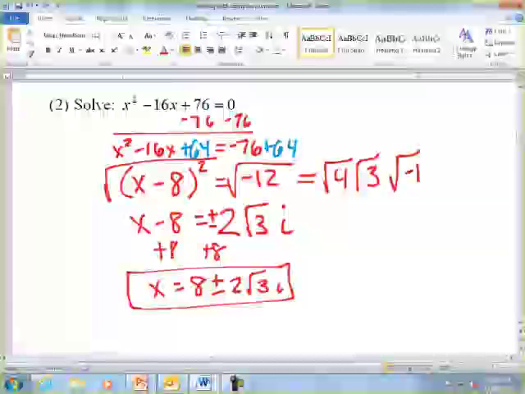Why can't you add it to 2? Because the 2 is part of this coefficient of i. Well, if it didn't have i, then you could add 8 to it?